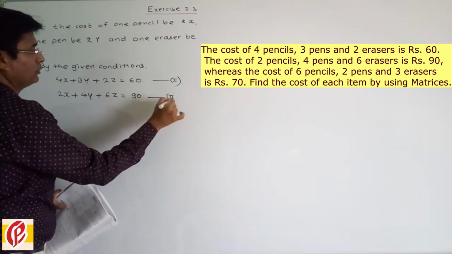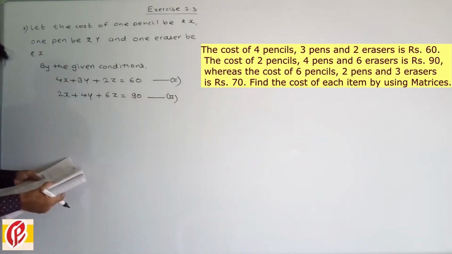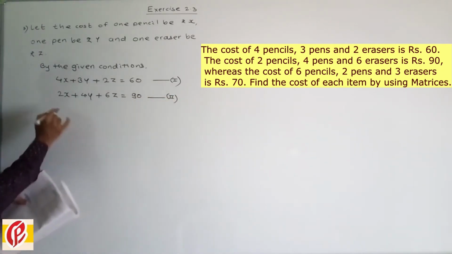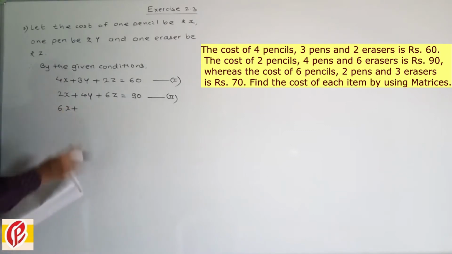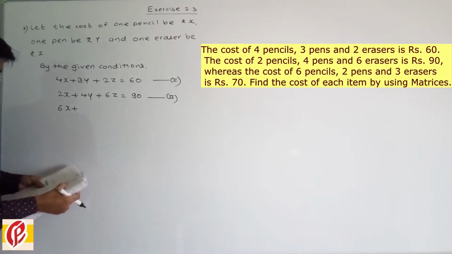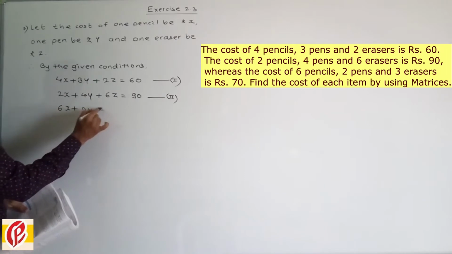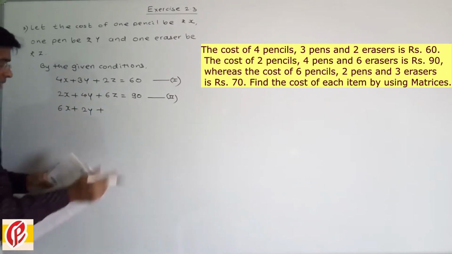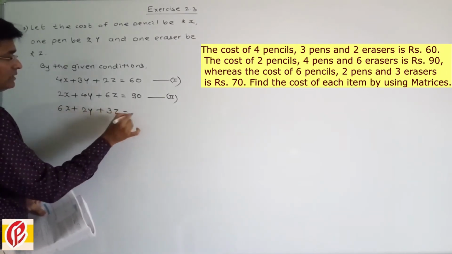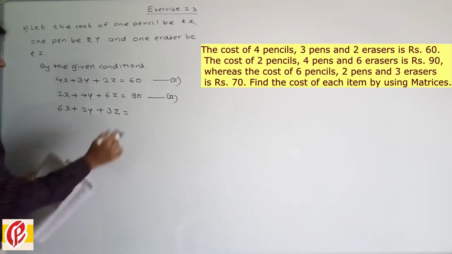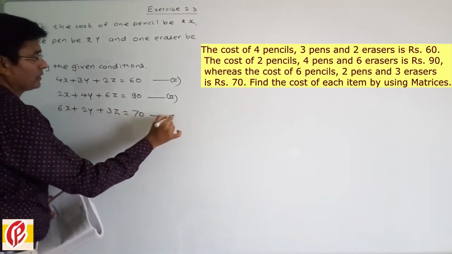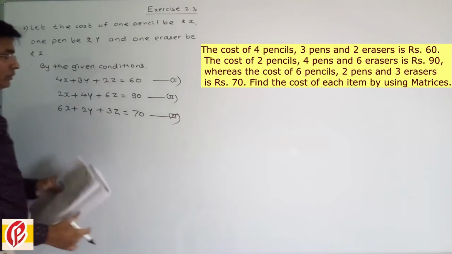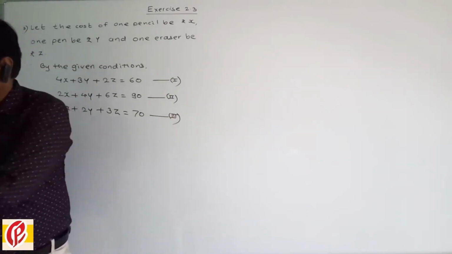Equation number 2. Then the cost of 6 pencils means 6x plus 2 pens, 2y, plus 3 erasers, 3z, is equal to 70. Equation number 3.